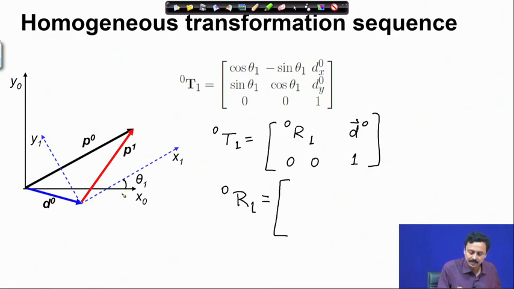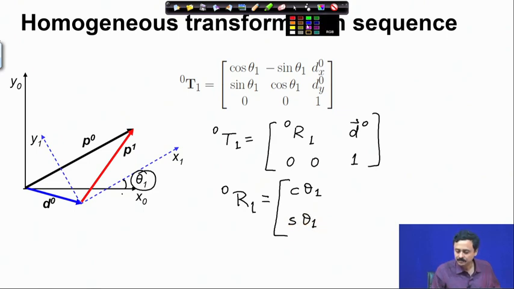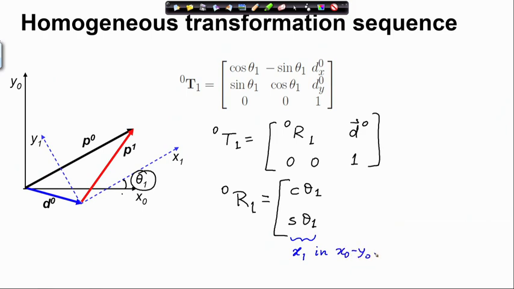So, the first column will be the representation of x1 in x0 y0. If this angle is theta 1, then this must be cosine theta 1 and the y coordinate will be sine theta 1. So, this represents x1 in x0 y0.